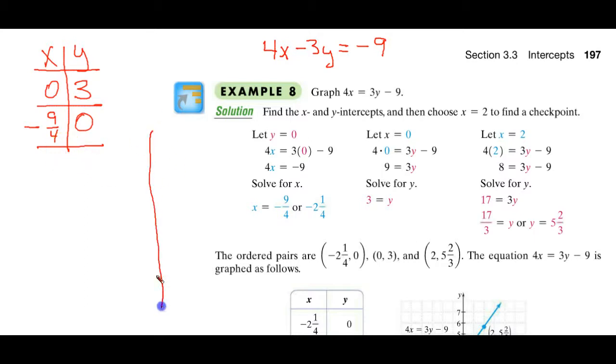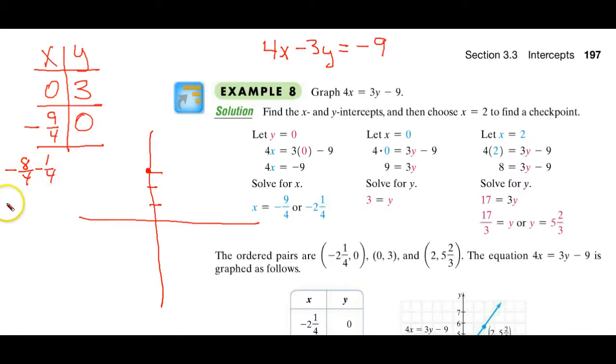And depending on the nature of your graph, this is going to be a 3. 1, 2, 3, 0 right there. Now, what is this? Well, remember, it's 8/4 and a -1/4.